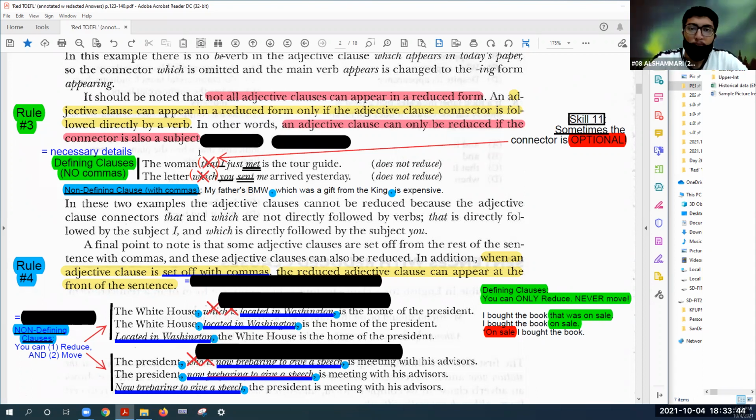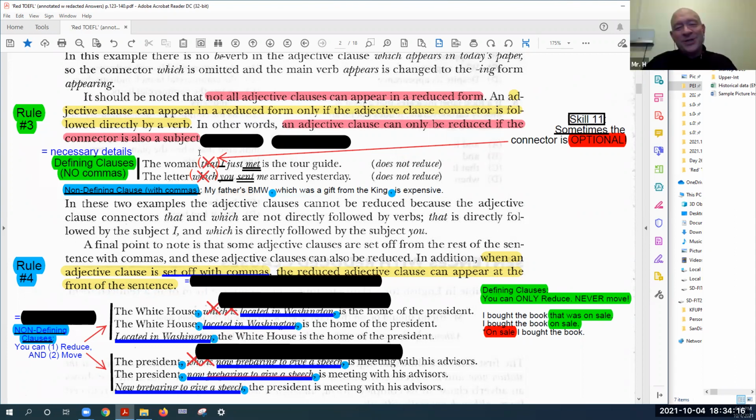Okay. So if I remove the connector here, it's not the same thing as reducing an adjective clause. It's just a special case, a special rule for skill 11, because the connector here is optional. We can leave it or remove it.